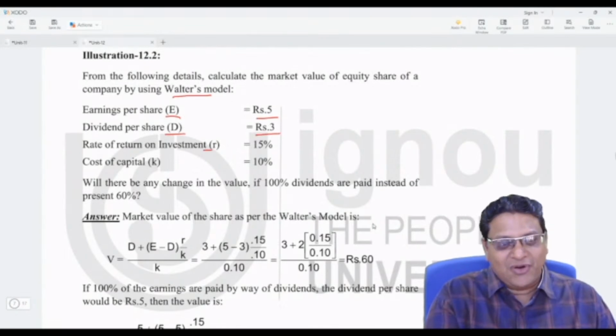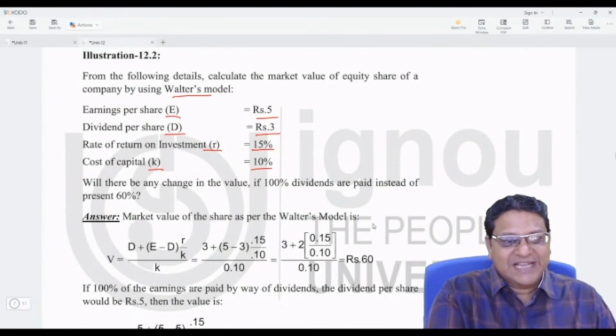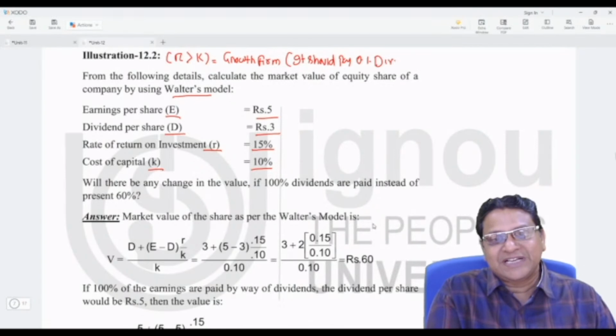What is the return on investment or ROI or R? 15%. And what is the cost of capital? 10%. So in this case, ROI or R is greater than K, so it's a growth firm. What is the recommendation as per Walter's model? It should pay 0% dividend. Rather, it should retain 100% earnings.